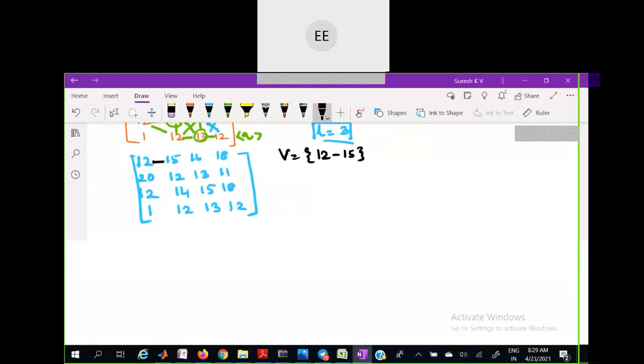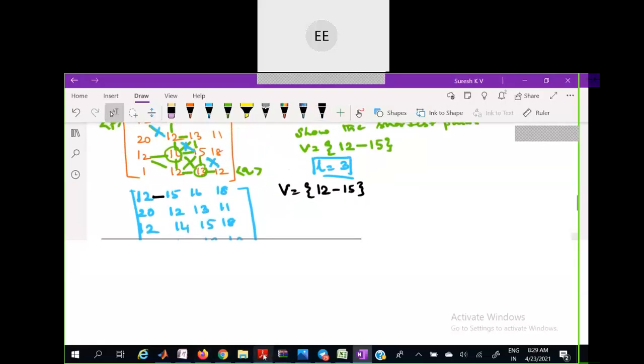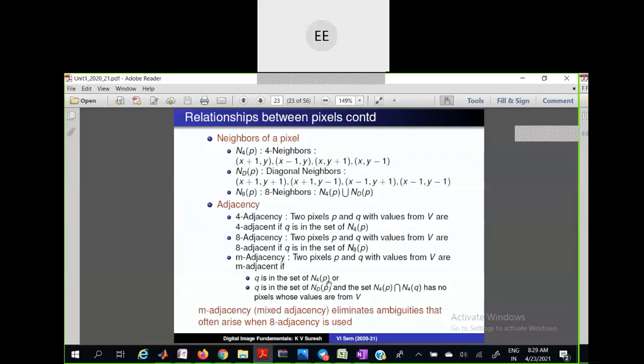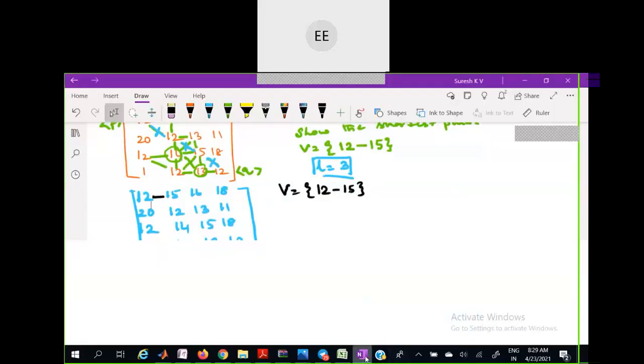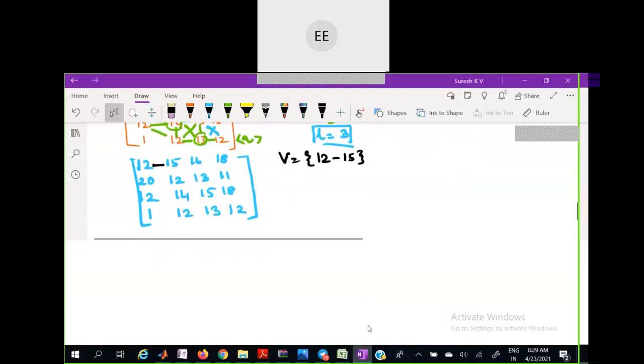Just see the condition again. Q should be from the set of 4 neighbors of P. That means Q should be a 4 neighbor of P. Q can be a diagonal neighbor, but the only condition is that the intersection of the 4 neighbor of P and the 4 neighbor of Q has to be 0. So let us go back to the problem. So 12 and 15 are connected. 15 and 12 are connected.